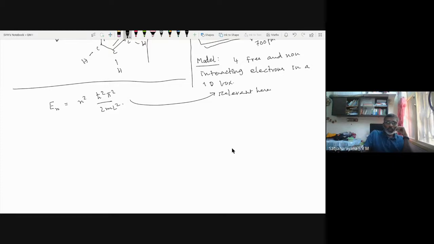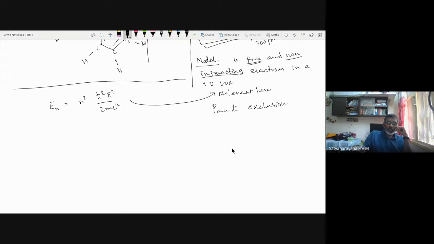Now, since they are free electrons, there is no change in these energy levels. And since they are non-interacting, they don't see that other electrons are present. So the only respect that we have to pay is to Pauli, because the electrons have to obey Pauli exclusion.